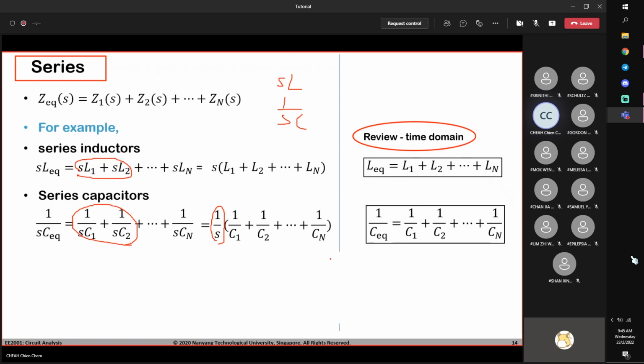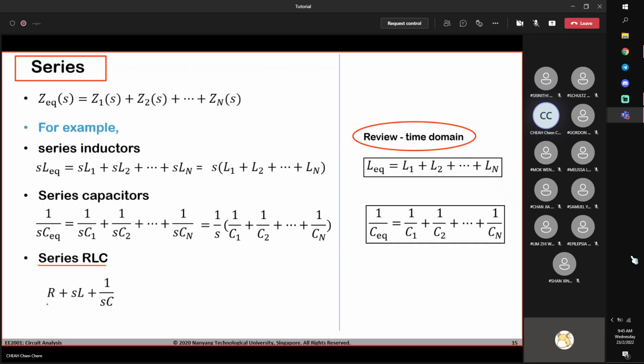So in Laplace domains, everything can be reviewed from the time domain in a similar way. Even for the series RLC and parallel RLC, you can use it to derive the characteristic equation. I'll show it to you later on. But if you have series RLC, this is what you'll do. You have a resistor in series with an inductor, in series with a capacitor, so you should add them this way.